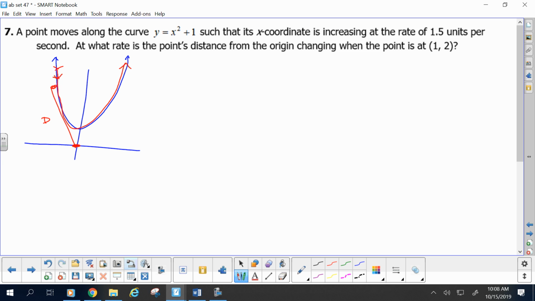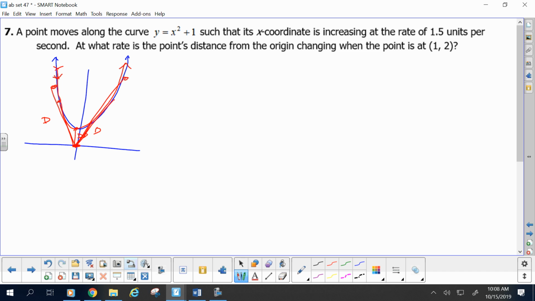So it's big, but it's getting smaller and getting smaller, but then it's getting bigger and getting bigger. So there is obviously change in the distance from the particle to the origin. How fast is that distance changing at the point the particle is at (1, 2)?